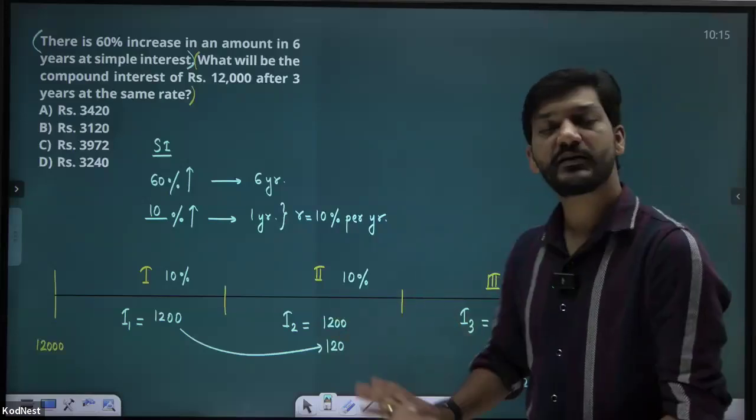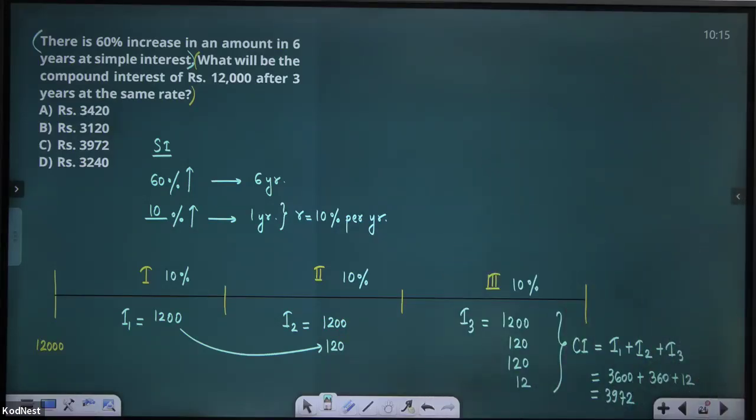So, understood this approach or not? Please carefully observe once. Okay.